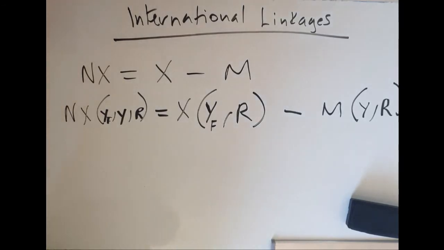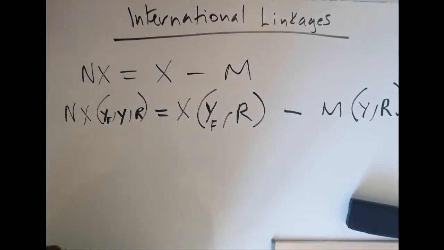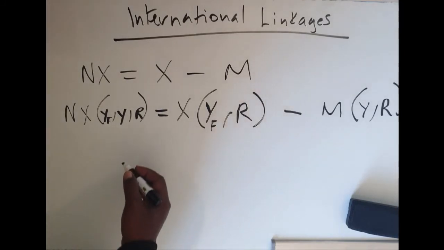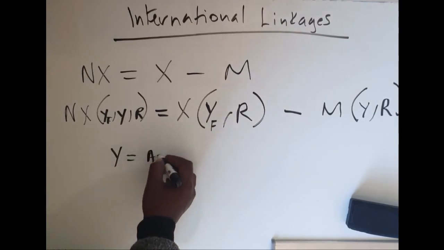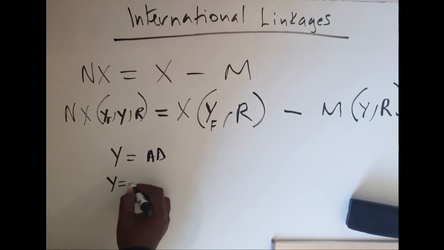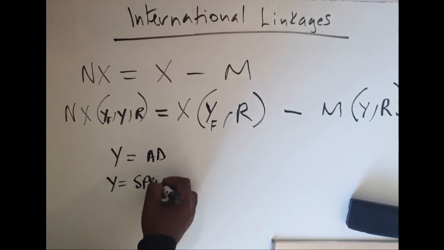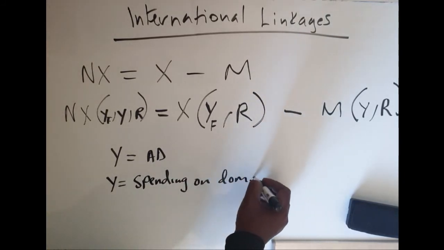So now, how does net export affect the IS curve? Remember, we're talking about the IS curve. We said we have equilibrium in the IS curve when output is equal to aggregate demand. But now we are saying when output is equal to spending on domestic goods.